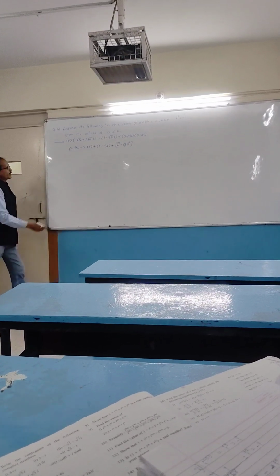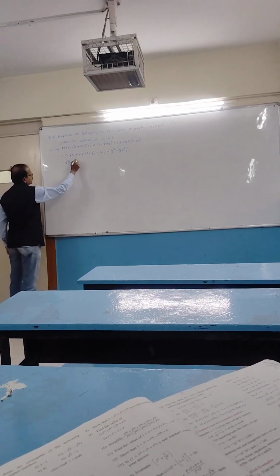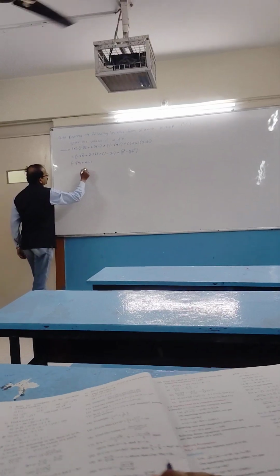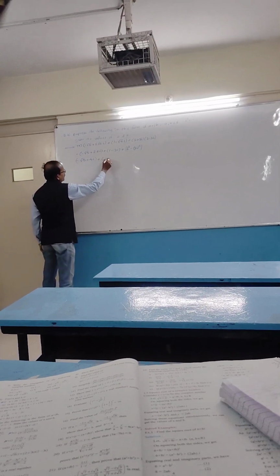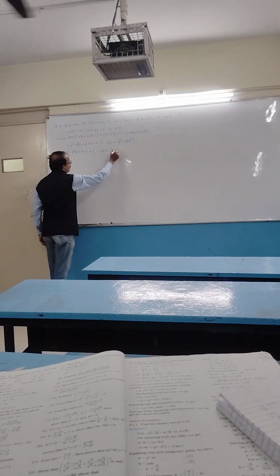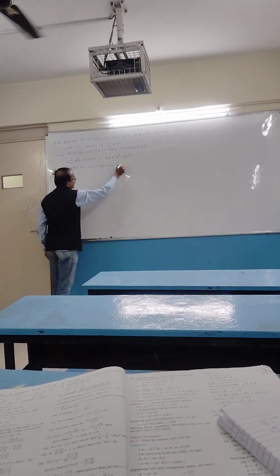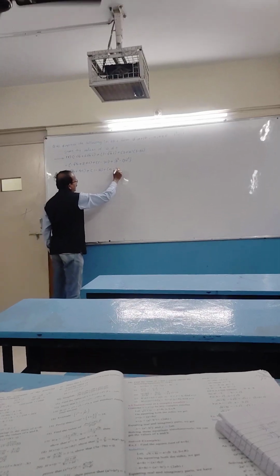Now solve this bracket: −√5 + 2·2i, that is 4i, plus 1 − 3i plus 4 minus 9i².